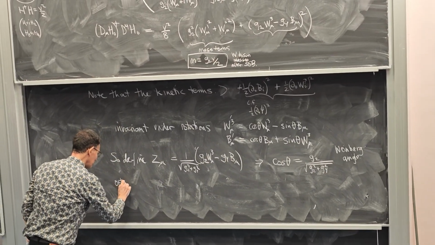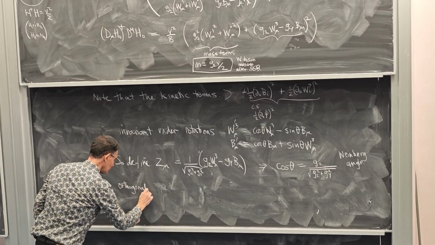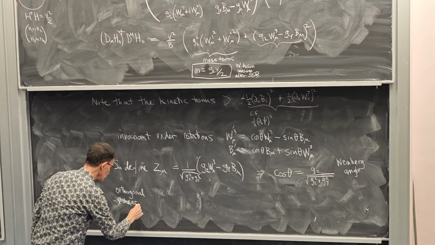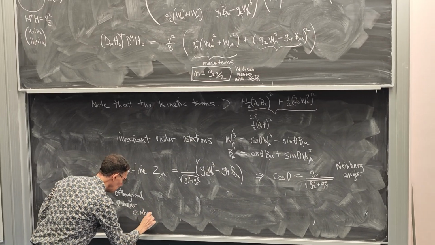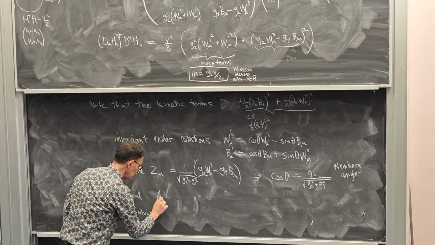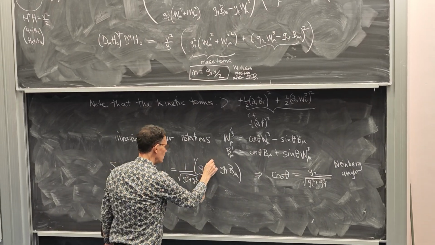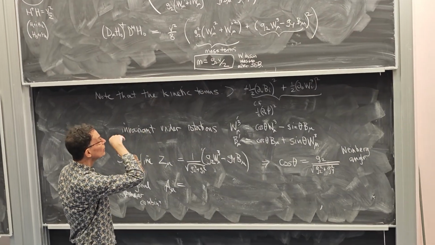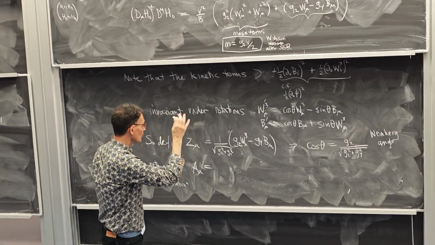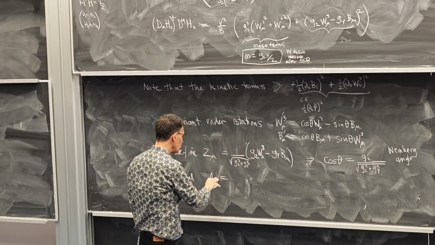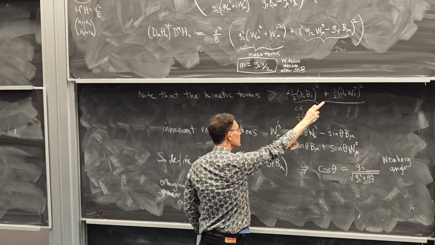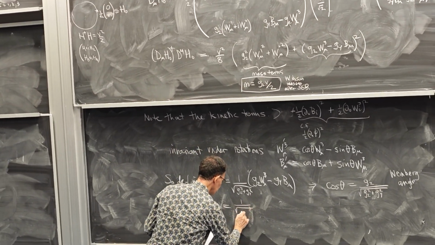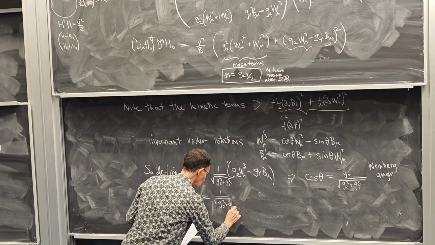The orthogonal linear combination of B mu and W mu 3 is A mu, which is, when I do this rotation, the orthogonal linear combination means that it's orthogonal in this sense, and it's just 1 over G2 squared plus GY squared.